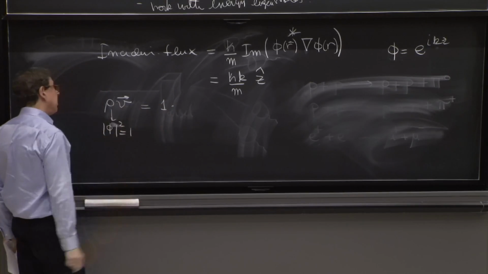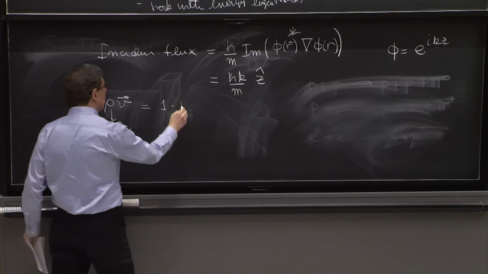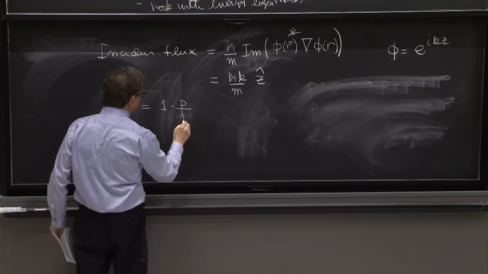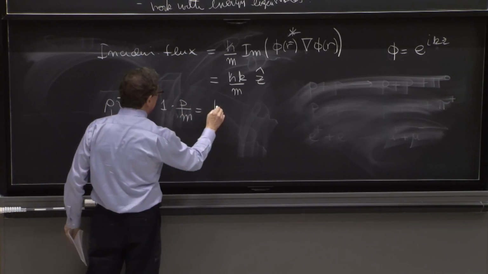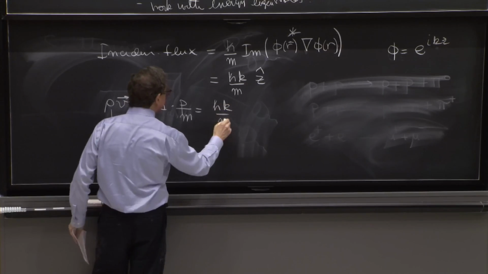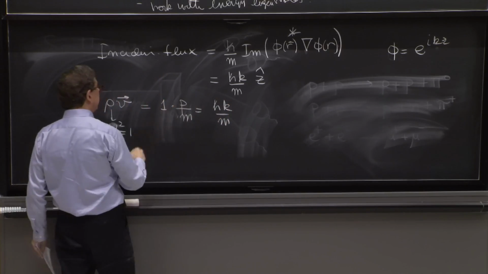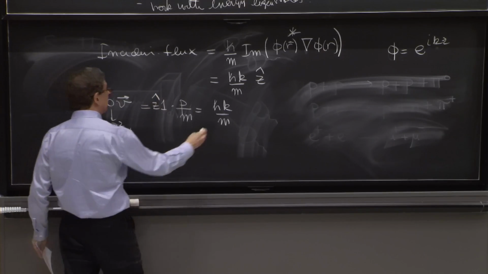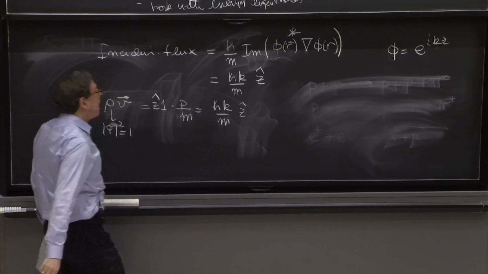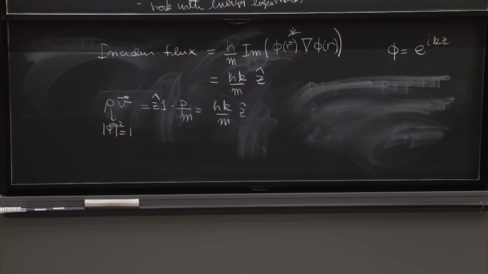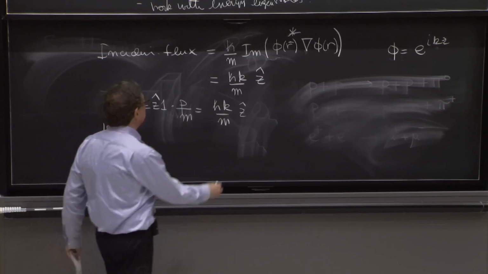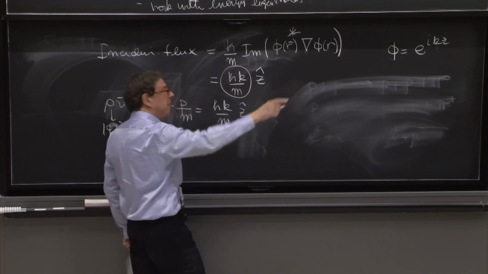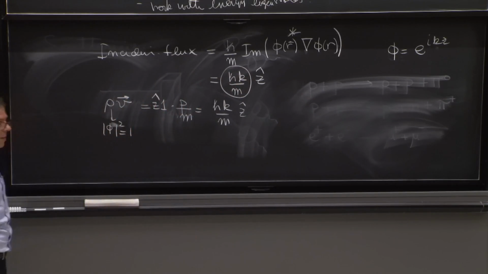And the velocity of the particles is the momentum over the mass, which is h bar k over m. And if I put the direction, I would have to put a z. So it's kind of the same thing. Rho v, the incident flux, they're all this. So this is the denominator of that big formula that we have there. The incident flux.